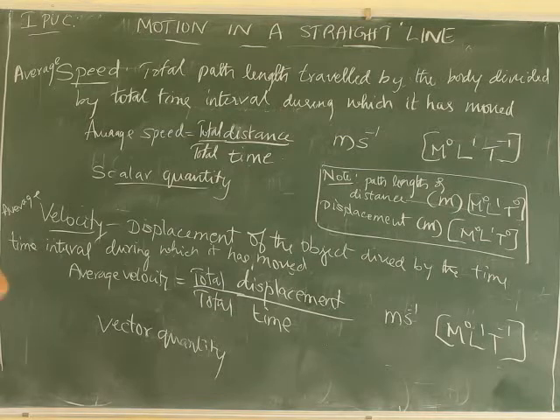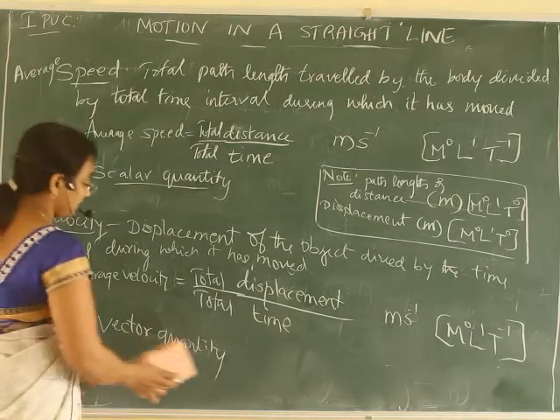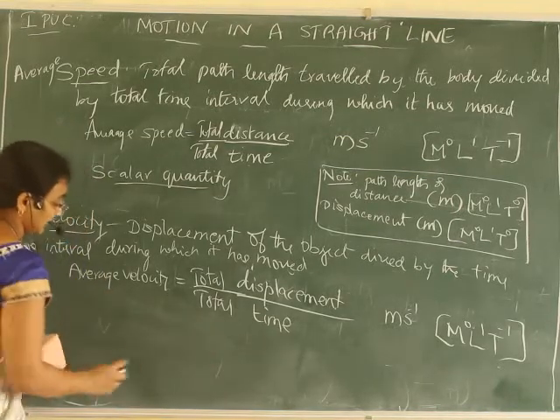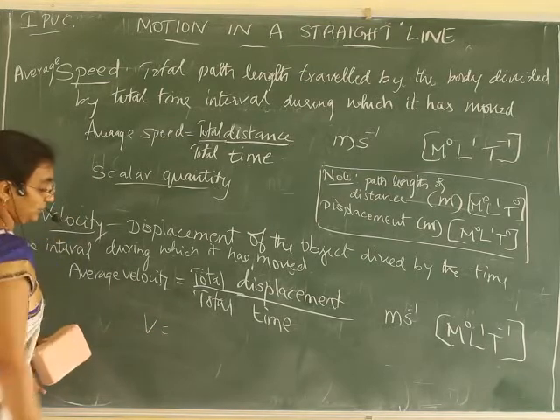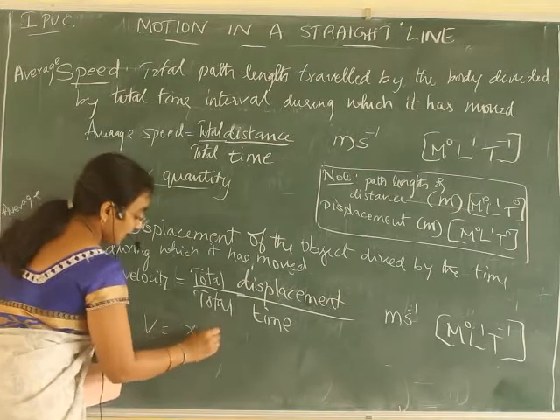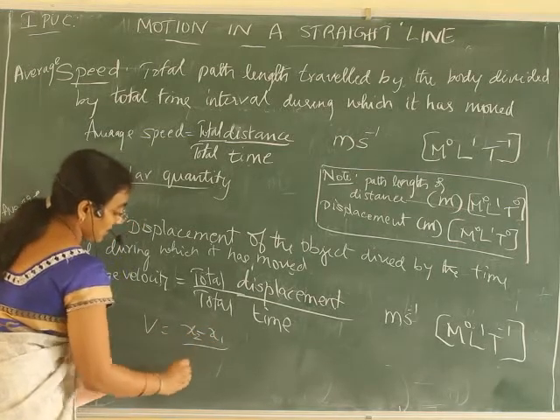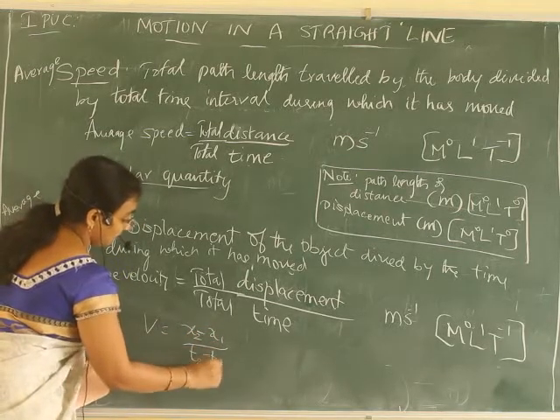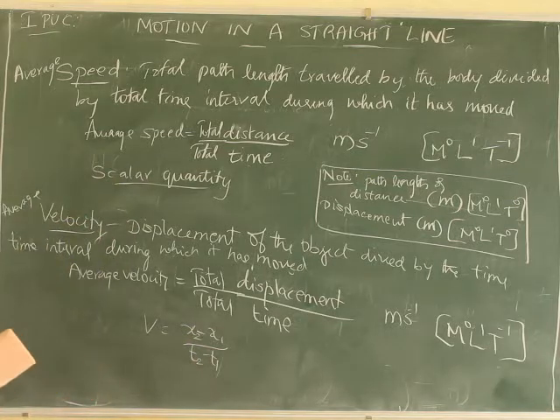Whenever we speak about average velocity, it is change in position by change in time interval. When we write it as a formula, v is equal to the final position minus initial position by final time minus initial time.